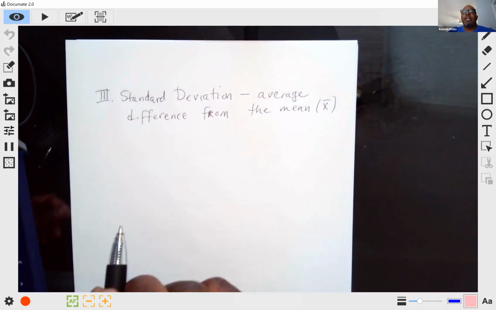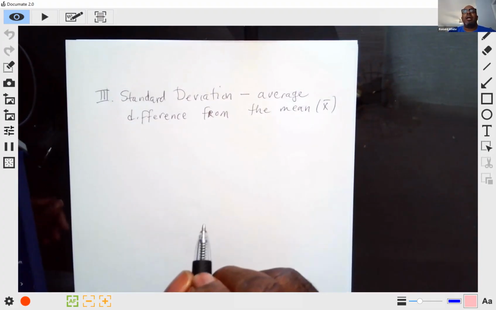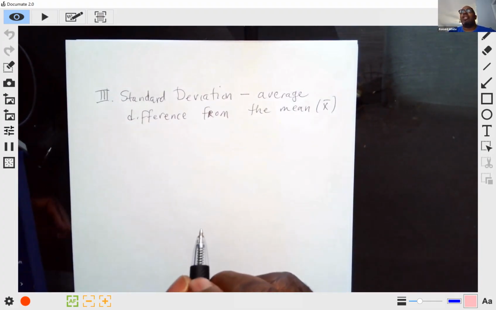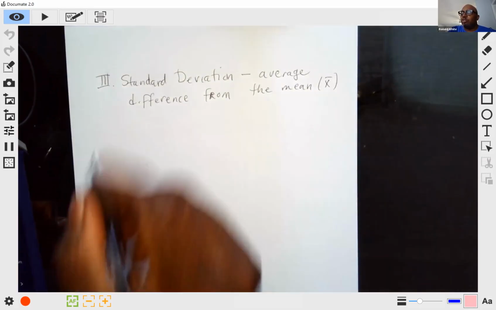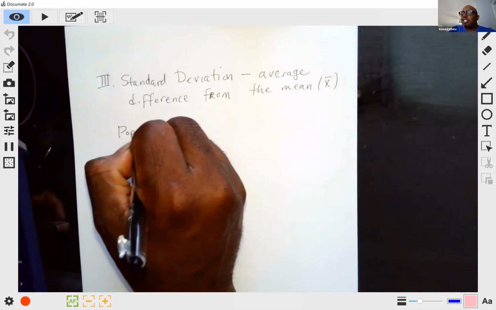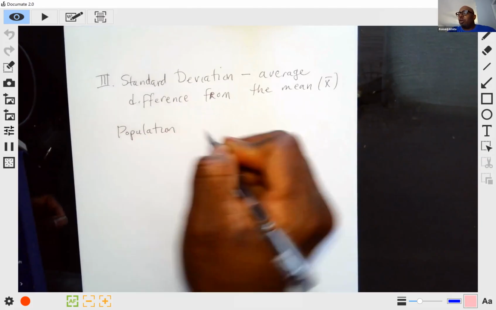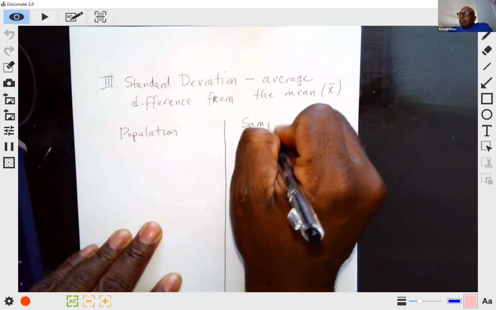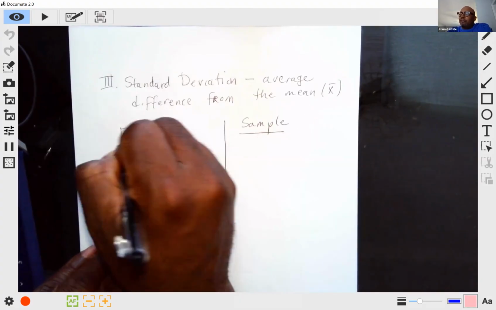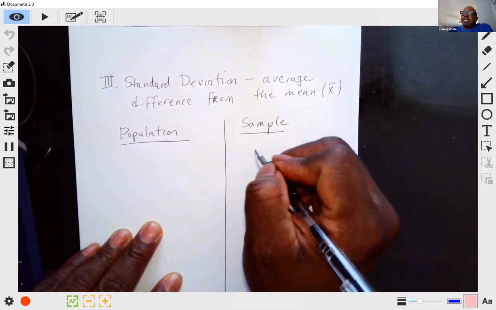Now, there's a formula for the standard deviation, and you saw that scary looking formula in that article that I asked you to read for extra credit. I'm going to give you two formulas, one for the population and then one for the sample, but we're going to focus on using the one for the sample. As a matter of fact, let me start with that.